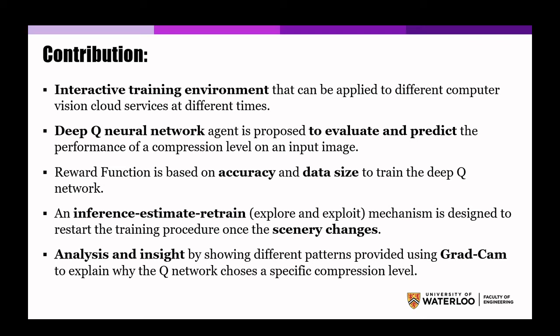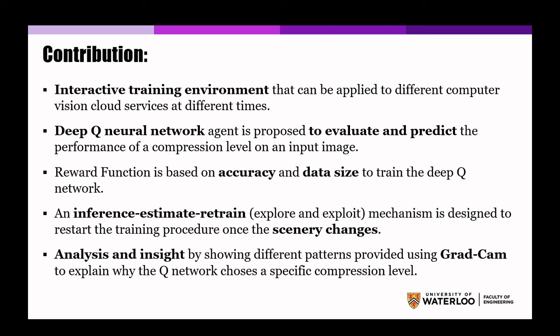the cloud service. And an inference and estimation retraining mechanism, which in the RL community is called exploring and exploiting, is designed to restart the training procedure once the sensory input changes, because in some images you will have a view of an open area, or a view of an object in an indoor area.